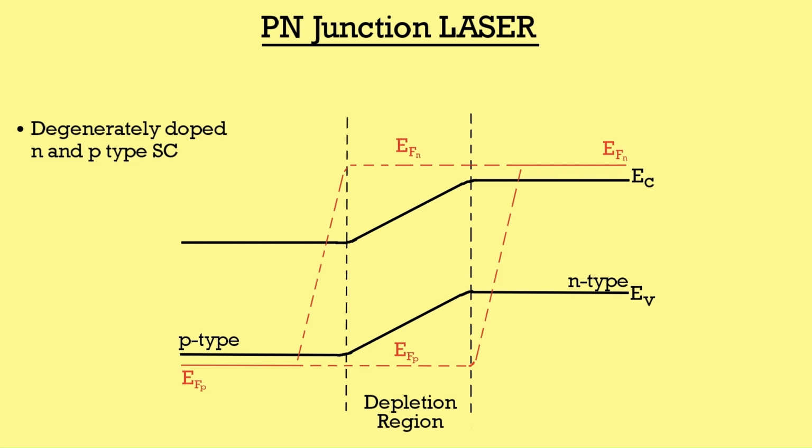The depletion region in this case will have a huge number of free electrons in the conduction band, which will ultimately facilitate our population inversion. So, degenerately doped semiconductor eliminates the need of photon bombardment, and that is how we achieve the condition of population inversion in the p-n junction laser.